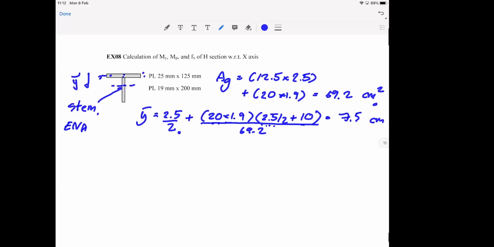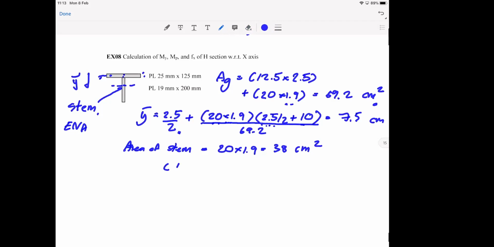With a quick look, you see that the area of the stem is about 38, correct? 1.9 multiplied by 20, that's 38. I can write it down for you. Area of stem is 20 multiplied by 1.9, that's 38 square centimeters.